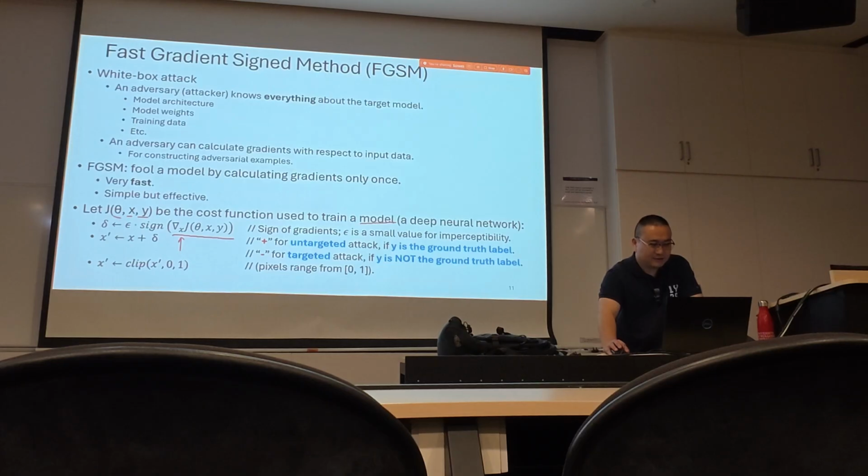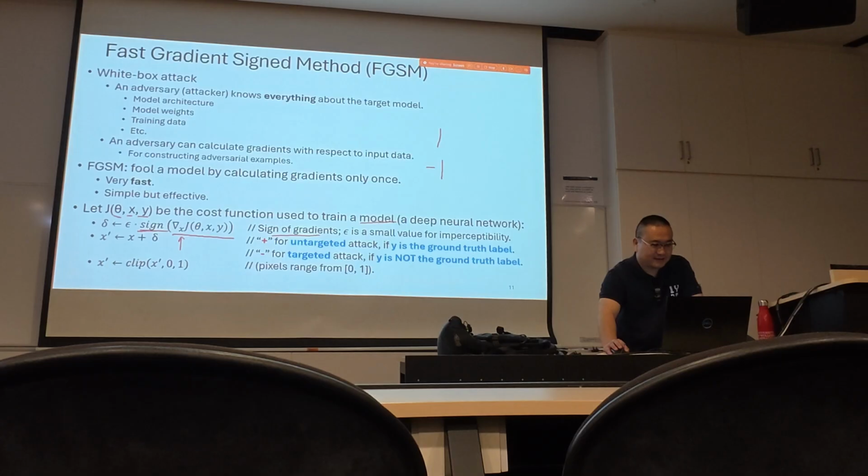And then we call the sign method, so we calculate the sign of gradients. If the gradient is a positive value, the sign becomes 1. If it is a negative value, the sign becomes negative 1. This is the sign function. And now we get the sign of gradients.